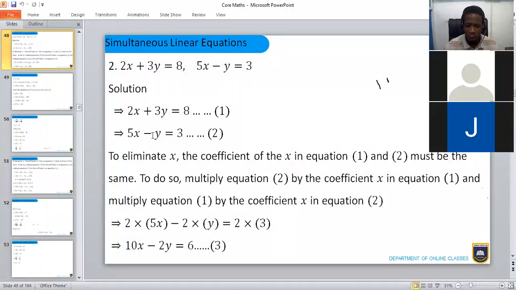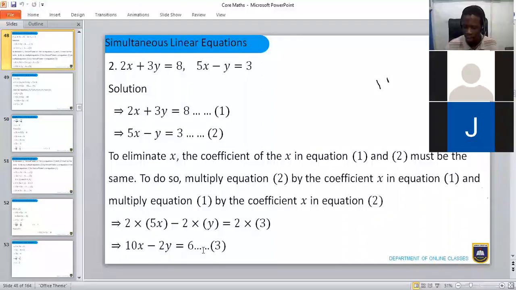So we multiply the whole equation 2 by that 2, because we are eliminating x. So everything we do should revolve around x. That will give us 2 times 5x minus 2 times y is equal to 2 times 3. Then we have 10x minus 2y equals 6.